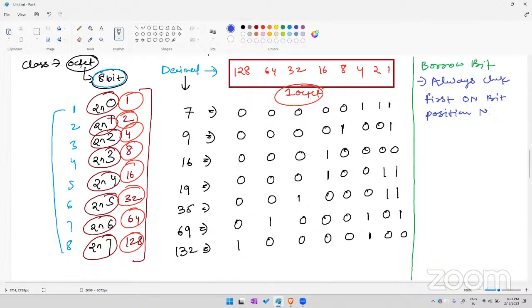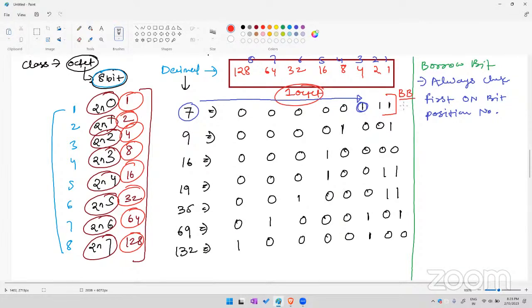Okay. Can you please verify, when we do 7 decimal to binary, coming from this side, which number value is first on? 4. On which position number is this value available? First, second bit, third bit, fourth bit, fifth, sixth, seventh, eighth. So which one is the borrow bit? Can you please verify the borrow bit of this value? Borrow bit is how many?